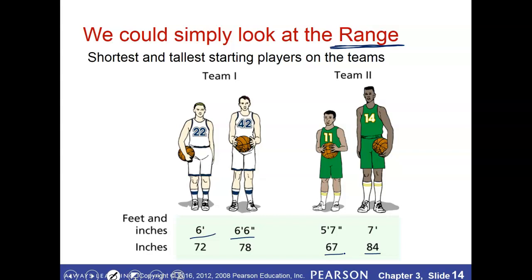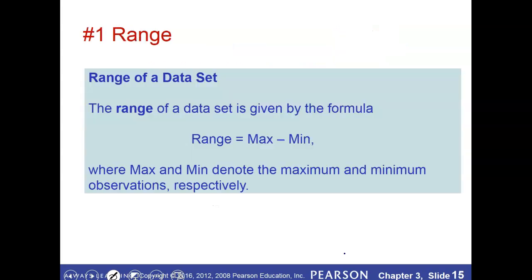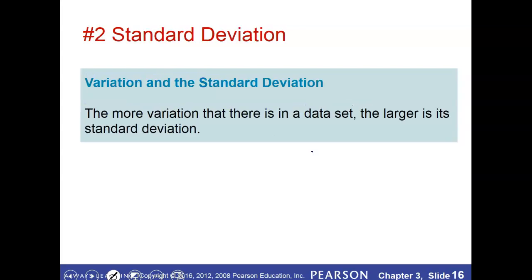But it's not as reliable as another measure, which is the standard deviation. We're going to get to that in a little bit. Real quickly, though, the range is simply the maximum number minus the smallest number. Okay? Let's take a look at the second measure of variation, which is called the standard deviation.